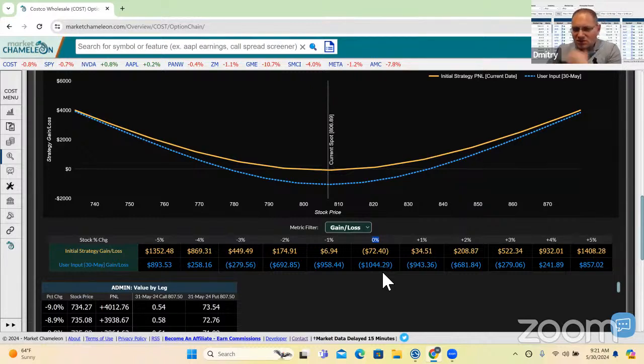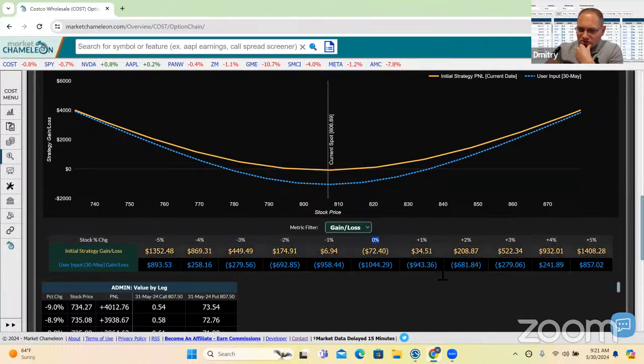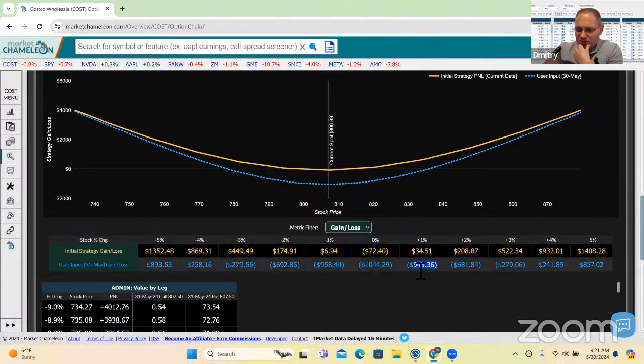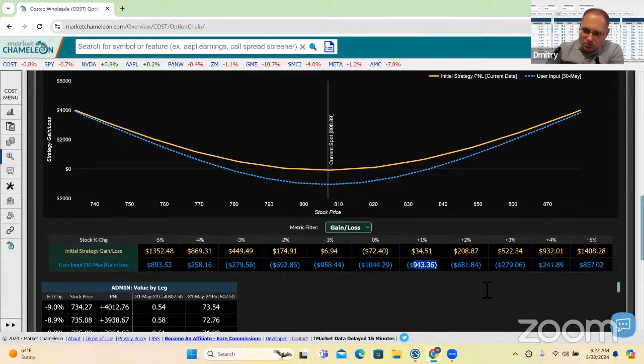Well, you could see here that even if the price went up 1%, that's not enough, because the decay would still exceed any gain from the delta. 2%, 3%, you would have to look at a 4% move to basically offset the decay by the gain in the option due to its delta. All right, and a 4% move to the downside.